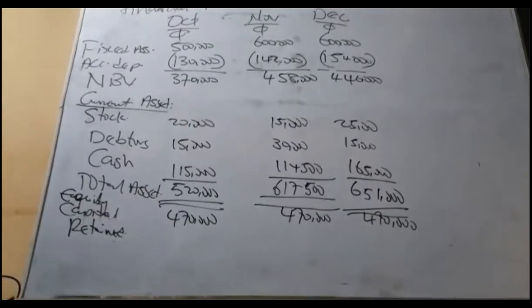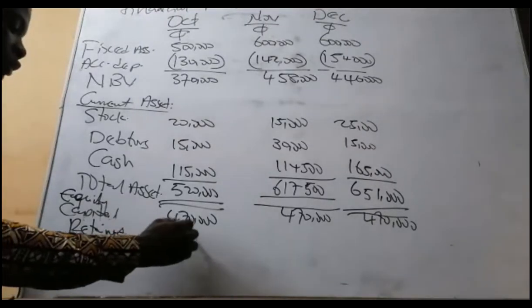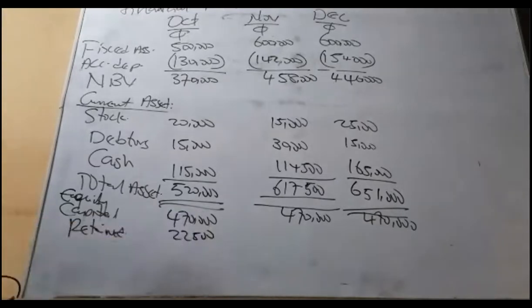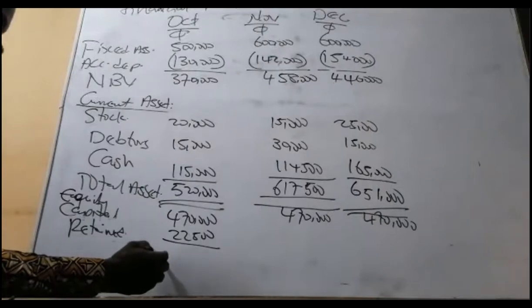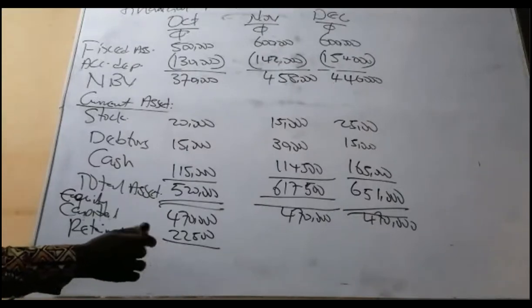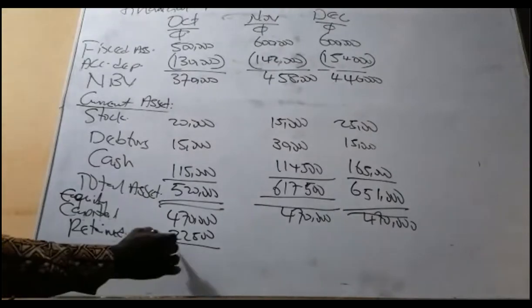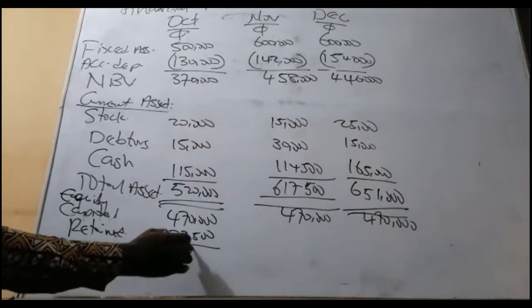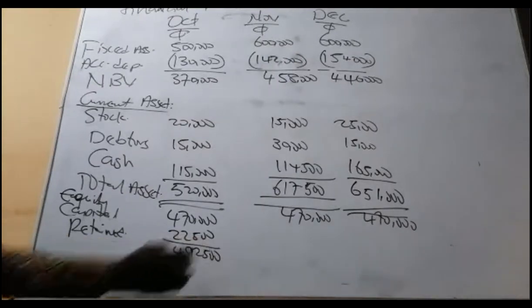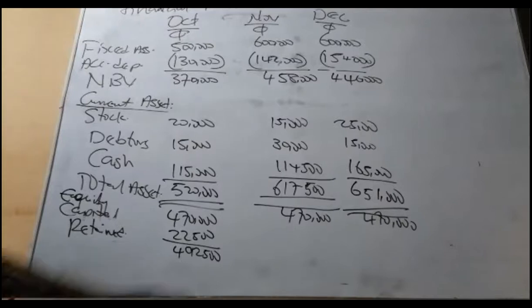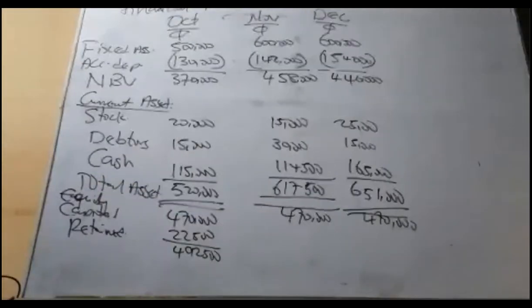What's the net profit after tax for the first year? The net profit was 22,500. Good. You add. So that will give us 492,500. Perfect.